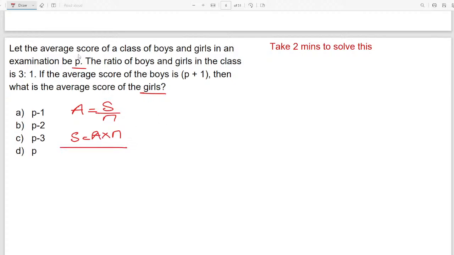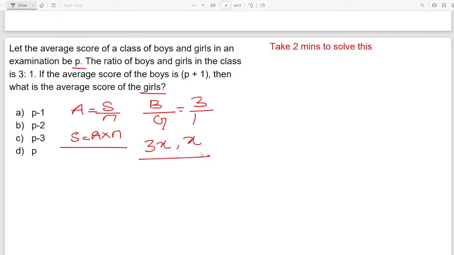And now they're saying that the ratio of boys to girls is 3:1, so we can take the number of boys as 3x and the number of girls as x.